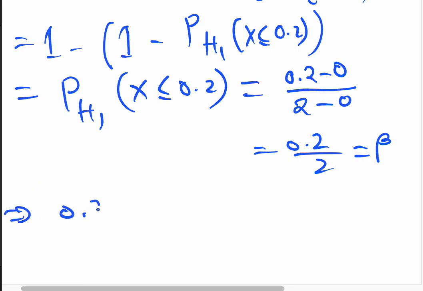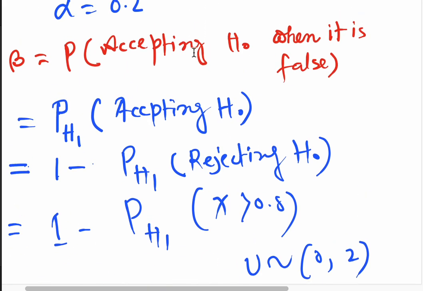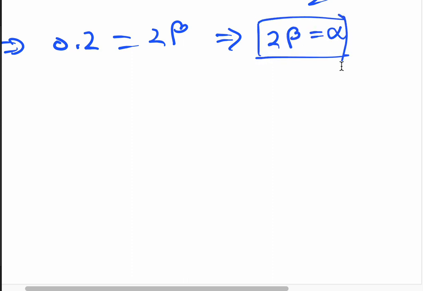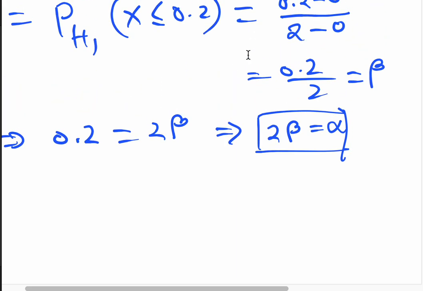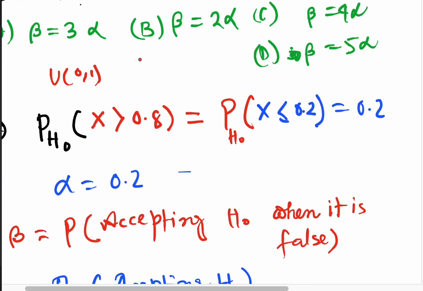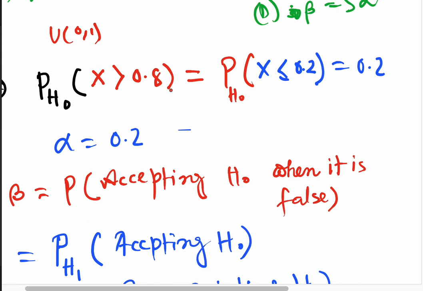So 0.2 is 2 beta, and we know that the value of alpha is 0.2. So this means 2 beta equal to alpha. So that is the true answer. So the true answer is B.